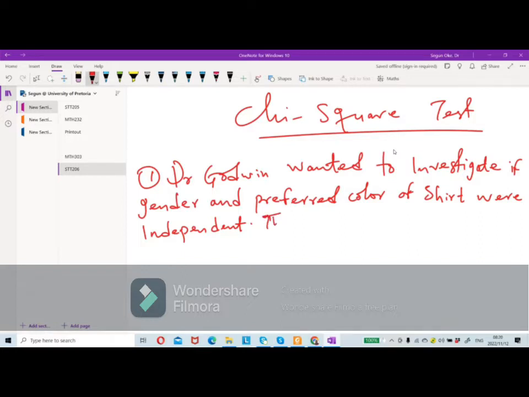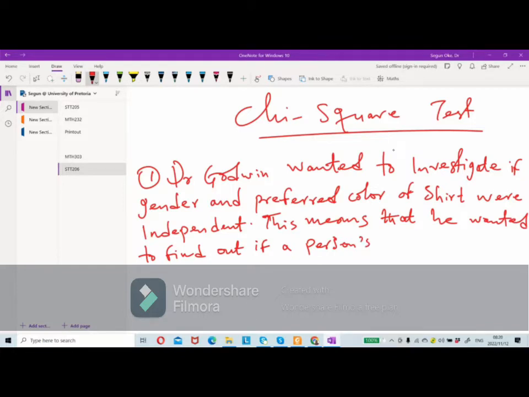That said, this means that he wanted to find out if a person's gender influences their color choice.